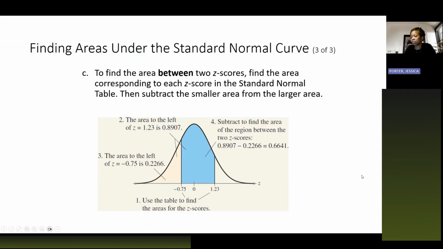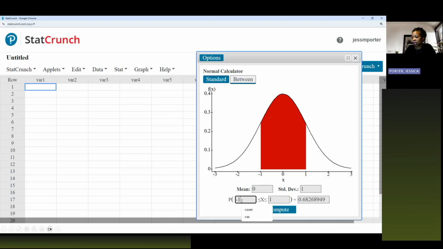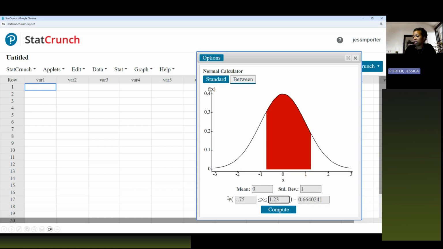Of course, you could do it in StatCrunch too. To find the between values, you just click on between and you enter in negative 0.75 and 1.23. If you need to adjust your mean and standard deviation, you can right here.